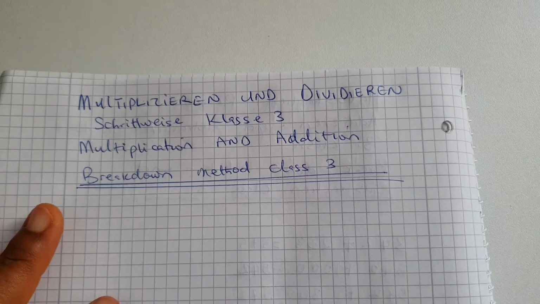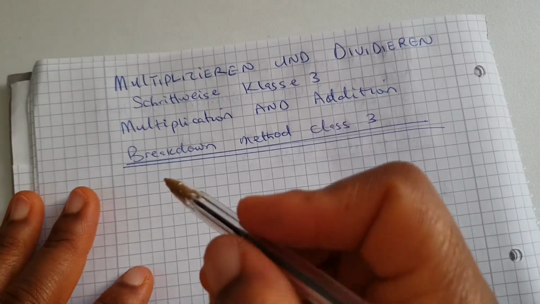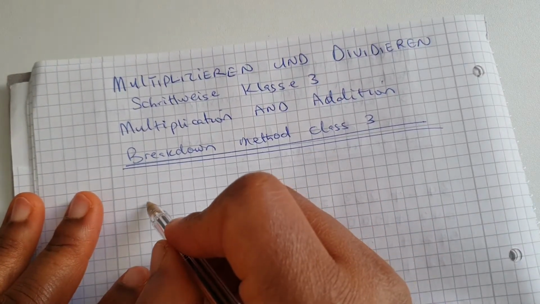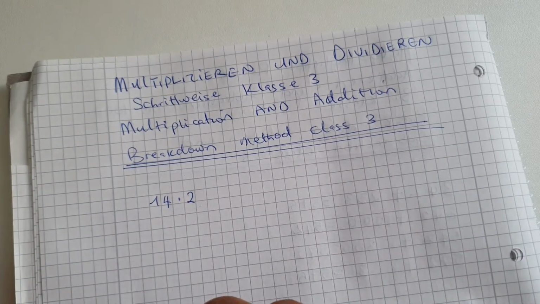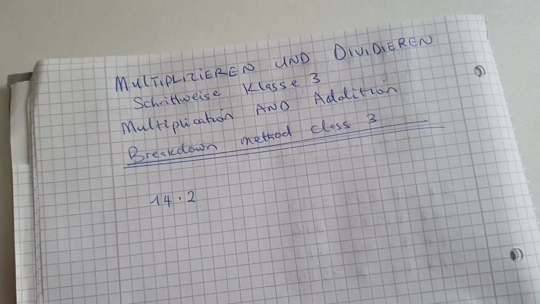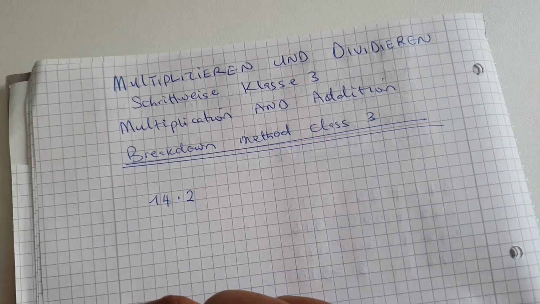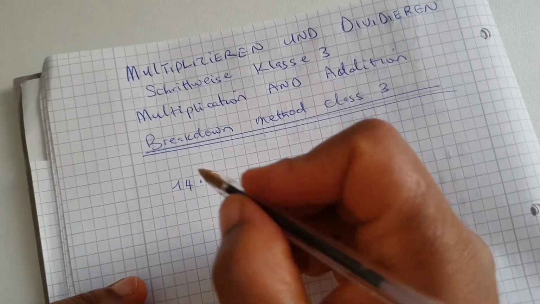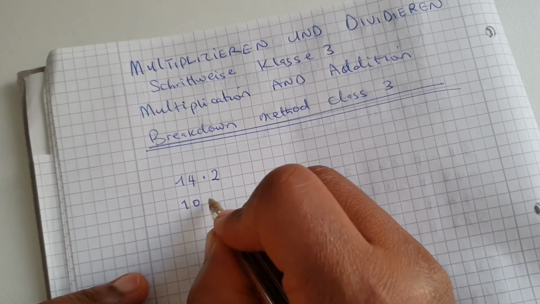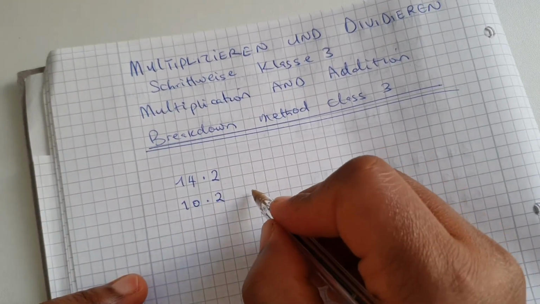So let's say we have some examples like this, maybe 14 times 2, and offhand a child might not know what it really means or how to solve it. So to break it down for the child to understand it better, first of all, you do 10 times 2, and it will give you 20.